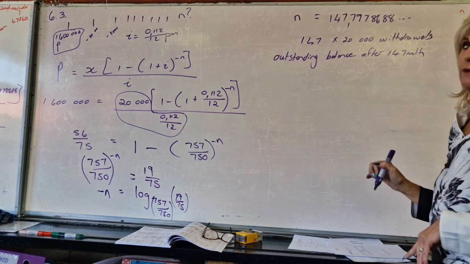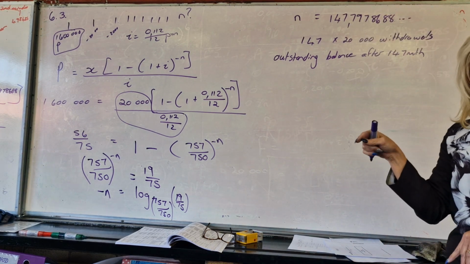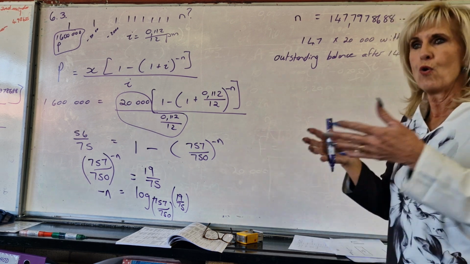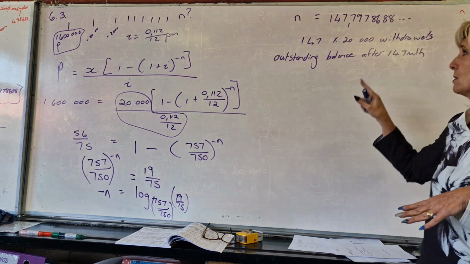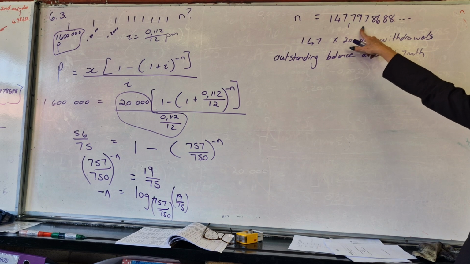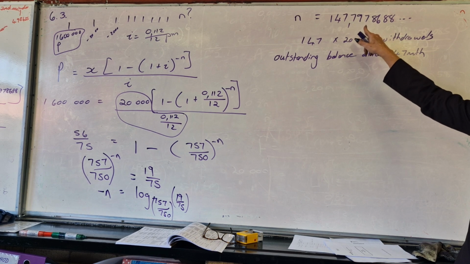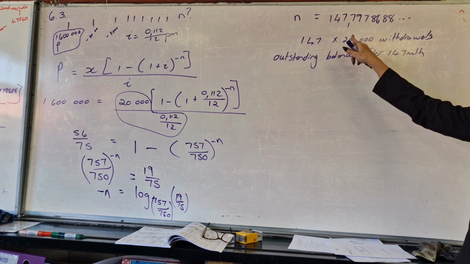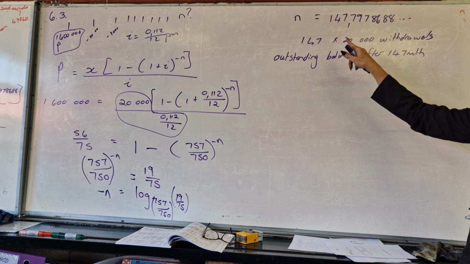So I want to know what's left of the 1.6 million that I still have to pay if this was a loan, or that's still there for me. Because it can't be a whole 20,000 because it's comma 7. But it's quite a lot of the 20,000. It can't just be 800 or 1,000 rand. It's got to be more.